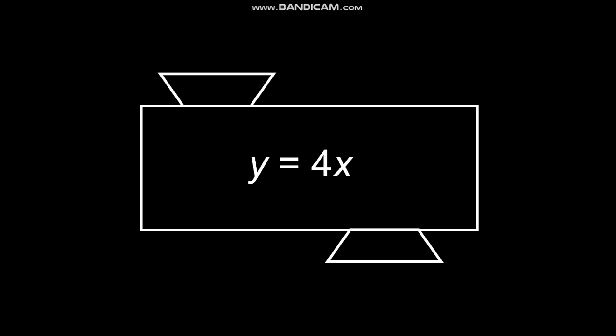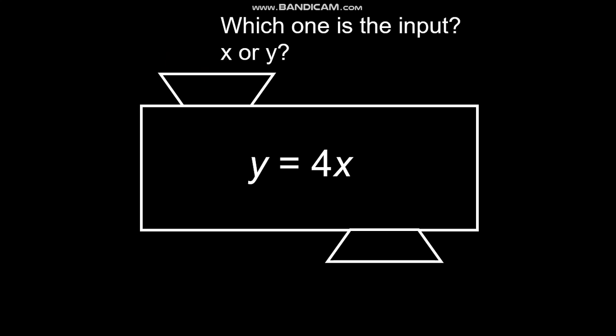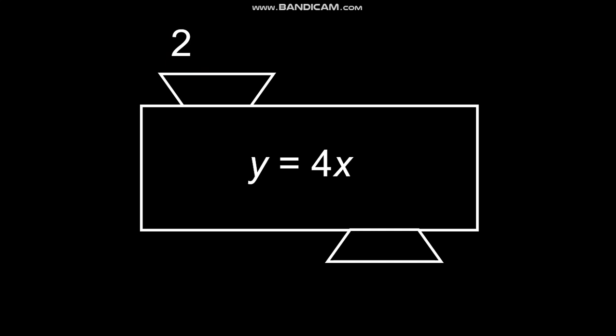What if we have a box that looks like this instead? y is equal to 4 times x. Which one is the input, the x or the y? Well, anytime we have an equation like this, the input is always the x, the output is always the y. So if I use 2 as my input, I put that in for x.